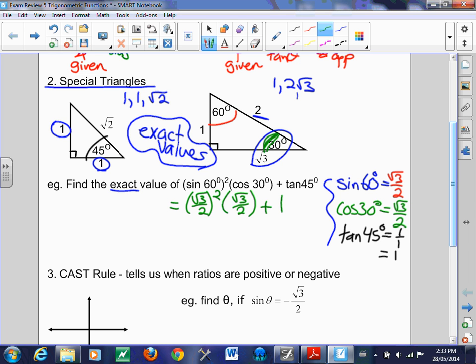Okay, so let's simplify that. That's going to be root 3 times root 3 is 3 over 4, times root 3 over 2 plus 1. If we multiply through, this is going to be 3 root 3 over 8 plus 1.